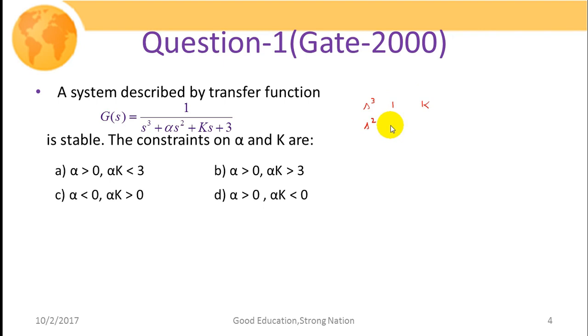Then the coefficient of s square is alpha, and then skipping another coefficient we have for s to the power 1: (alpha k minus 3) divided by alpha, and then the next column will be 0. Again for s to the power 0: (alpha k minus 3) over alpha times 3 minus 0, divided by the same coefficient. We are left with 3 and the next coefficient is 0.